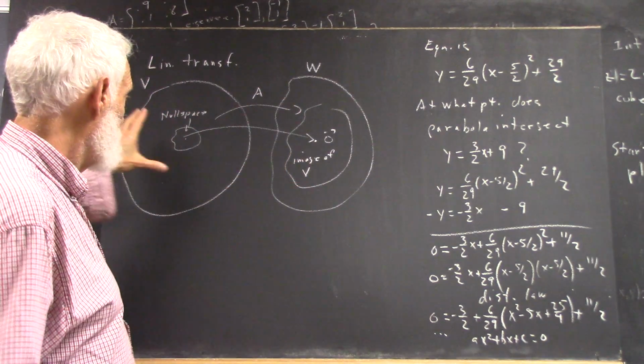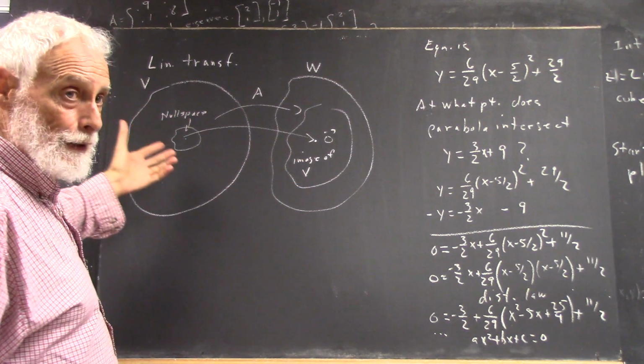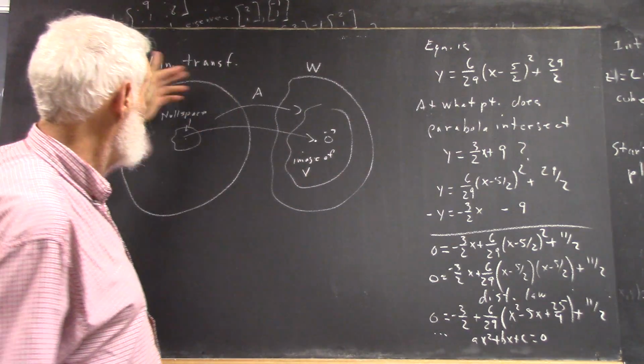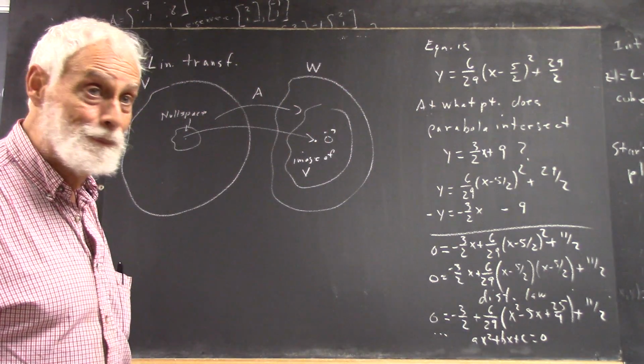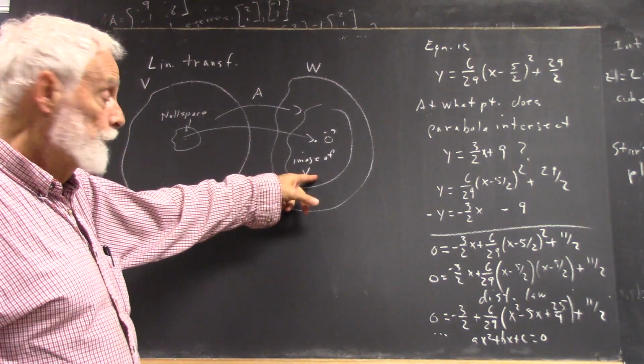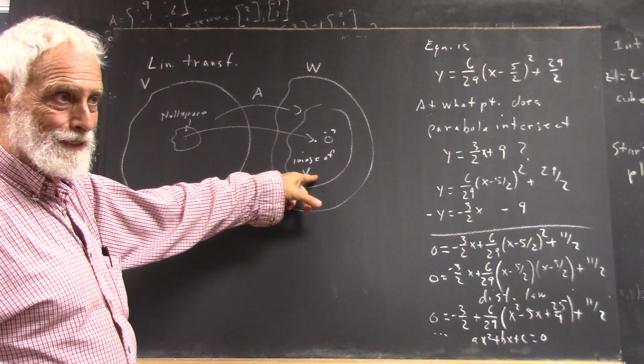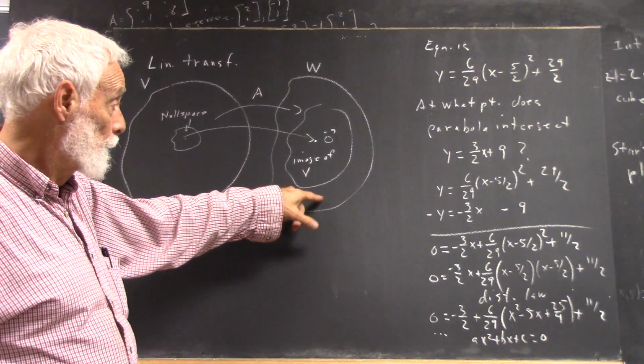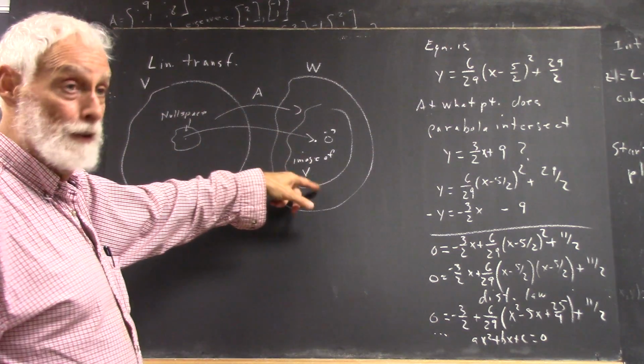Well, if you set up a matrix a certain way, if the matrix is non-singular and V and W have the same dimension, then there are going to be vectors over here that aren't mapped by this thing, okay?